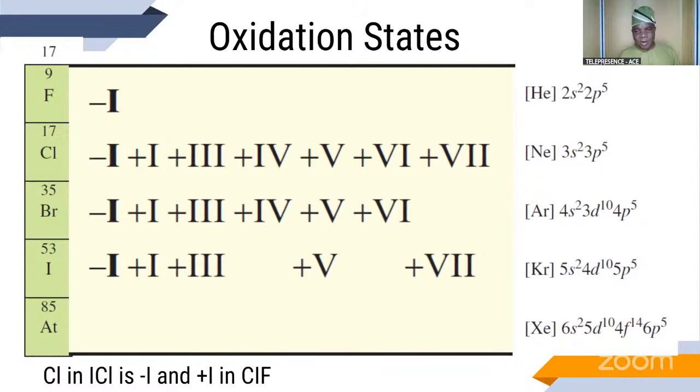Chlorine shows plus 5, plus 6, and plus 7, while bromine exists as plus 1, plus 4, plus 5, and plus 6. Iodine exists as minus 1, plus 7.